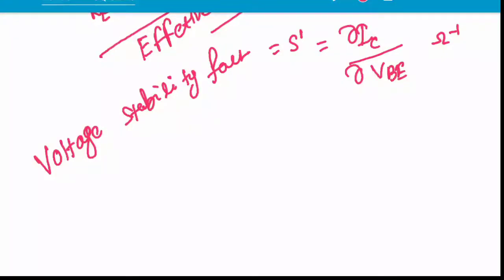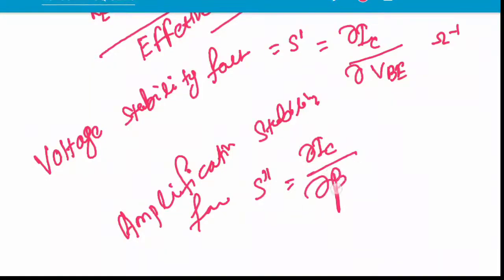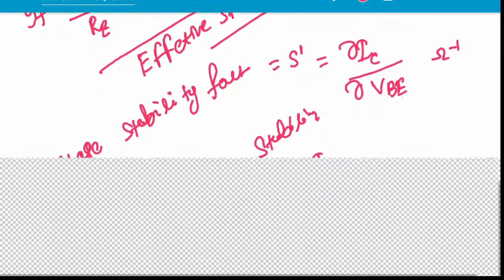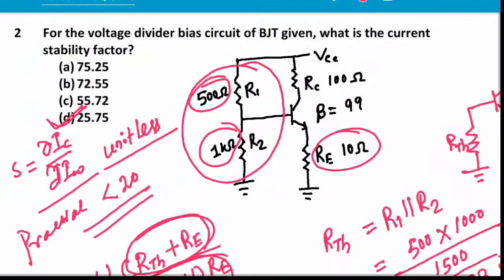And another factor is amplification stability factor, that is S double prime, which is given by del IC by del beta. And the most important factor is the current stability factor, that is S. And if S is guaranteed in the effective range, then S prime and S double prime will be in the effective range. So this is the end of this question.